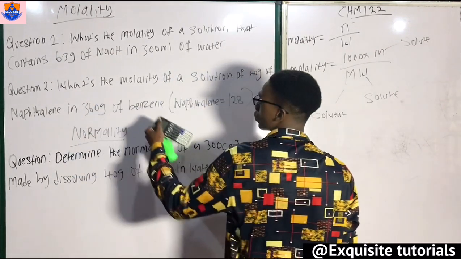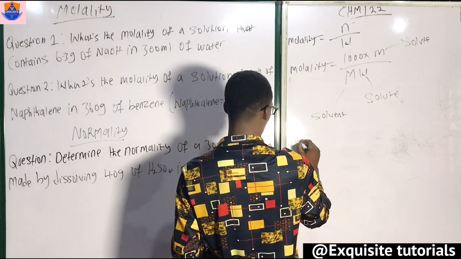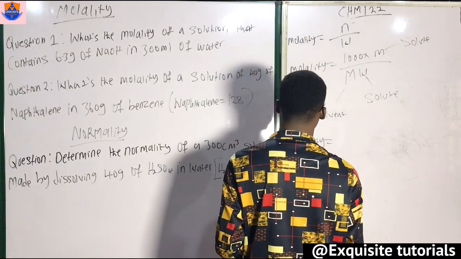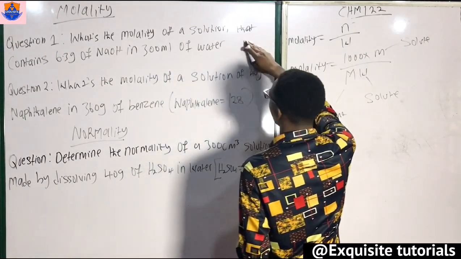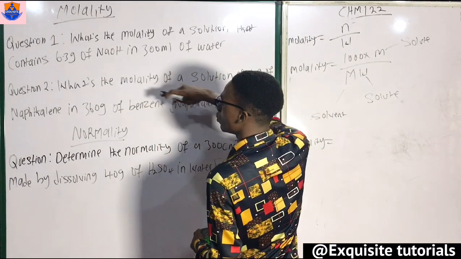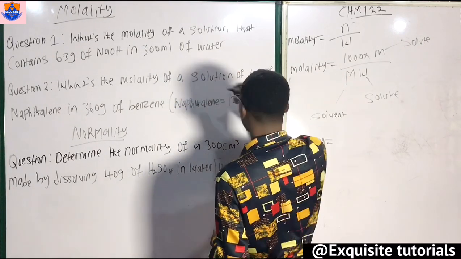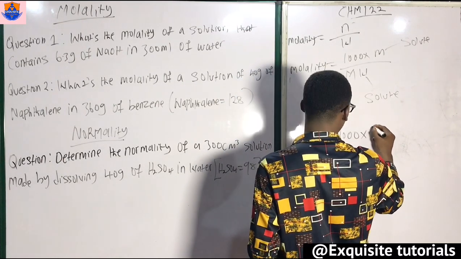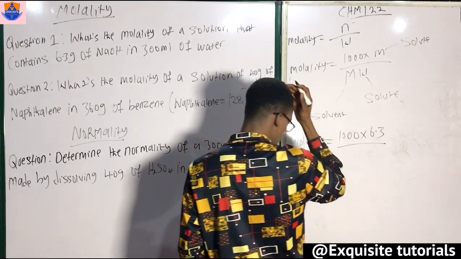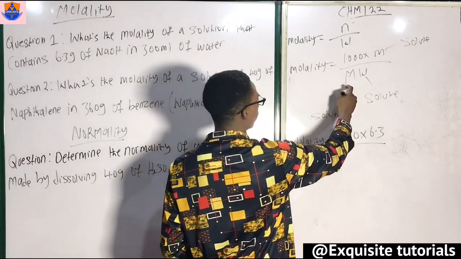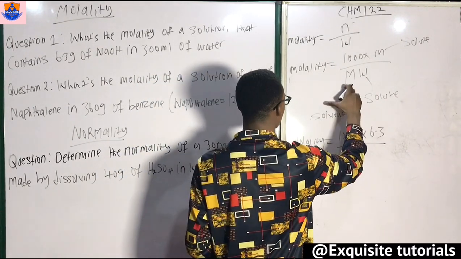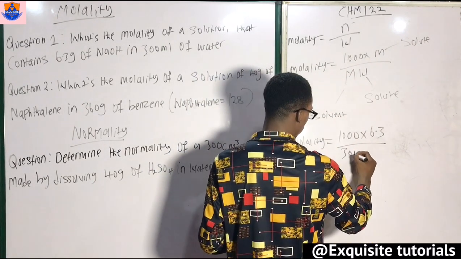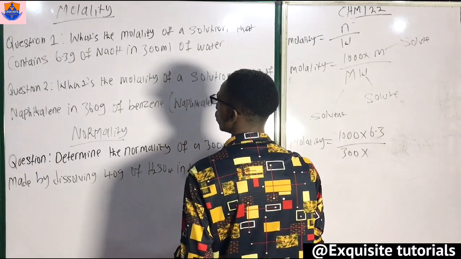Okay, so now let's solve this question. What is the molality of a solution of NaOH in water? So we have 1000 times 6.3 over the mass of the solvent, which was actually 300, times the weight of solute.